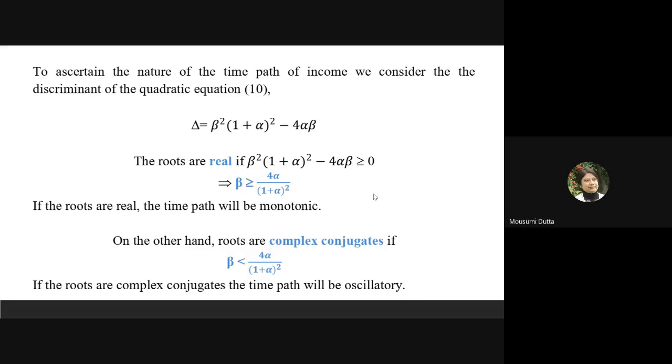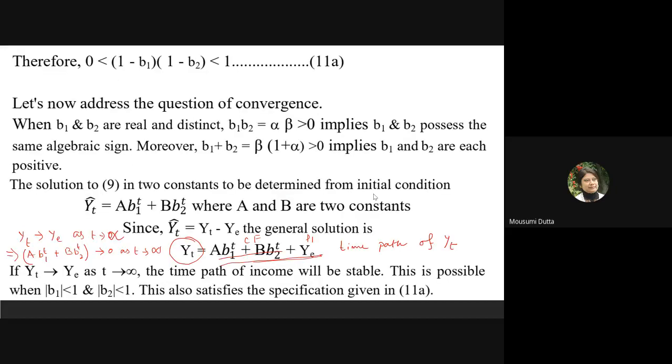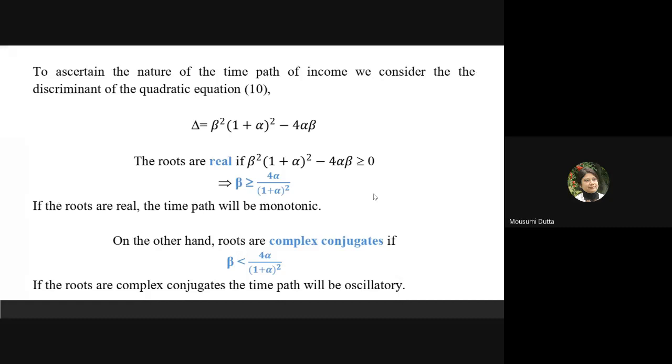Okay, so now we have to combine all these things. Small b1 less than 1, small b2 less than 1, with that beta greater than equal to 4 alpha by 1 plus alpha whole square, beta less than 4 alpha by 1 plus alpha whole square. So we have to combine all these possibilities to understand the actual nature of the time path, whether we will get monotonic convergent time path, monotonic divergent time path, oscillatory time path.